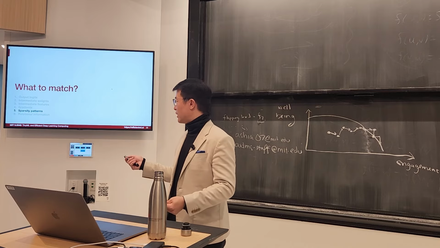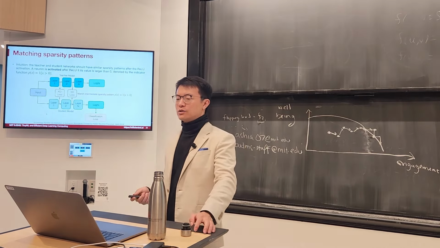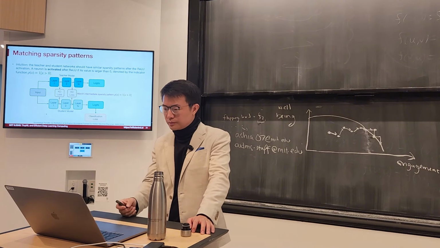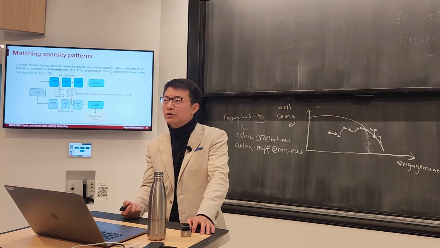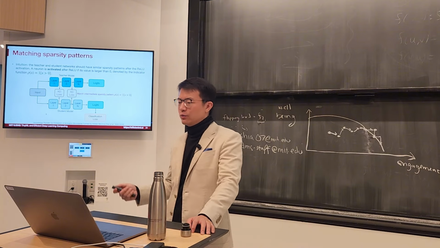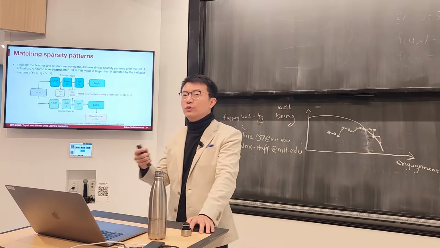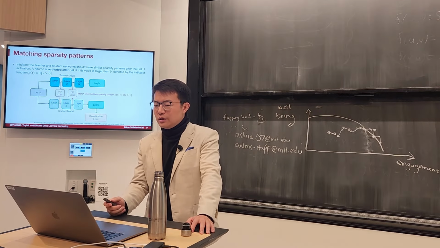Okay, we can also match the sparsity pattern. So how do we match the sparsity pattern? First of all, where does sparsity come from? Usually we have a ReLU activation function. If we have a ReLU activation function, then there is sparsity. So we want to match the sparsity pattern after the ReLU activation function.